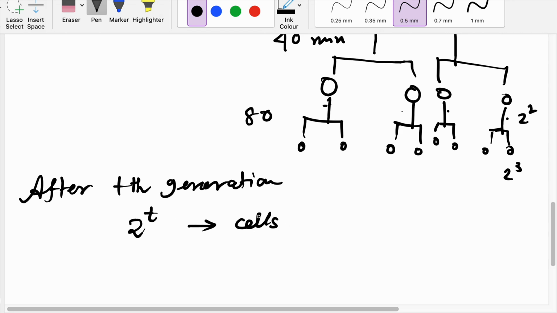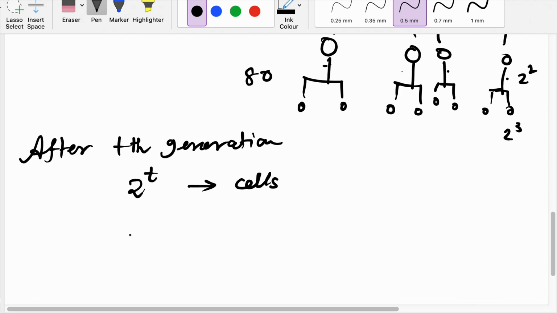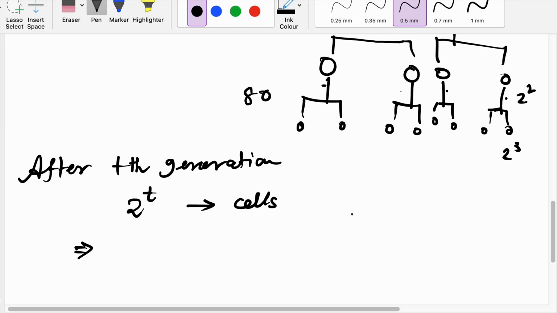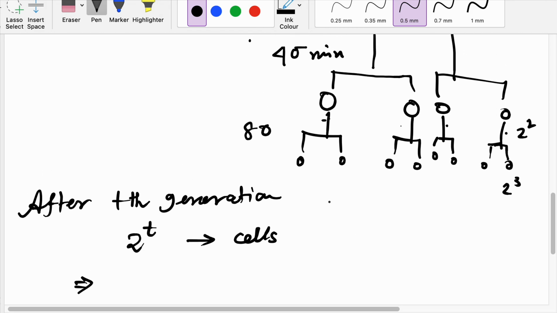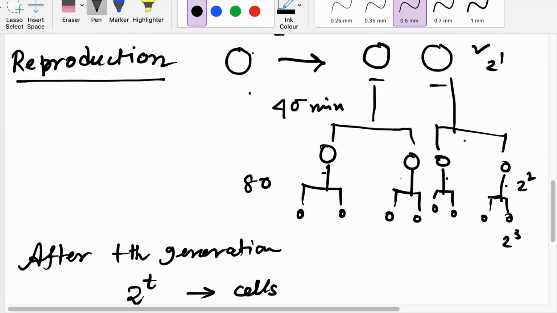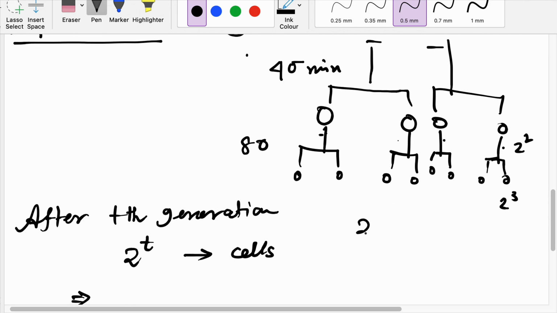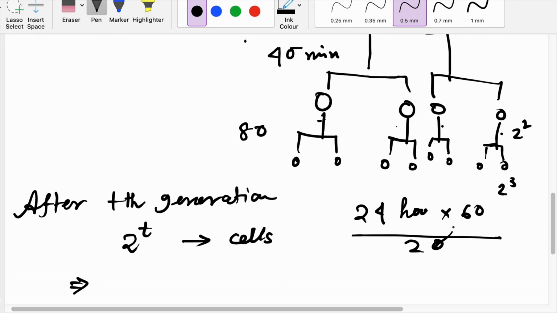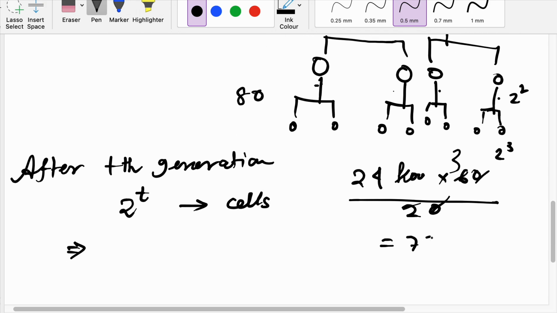Now the question is how many cells will be there after 3 days. So in one day, how many generations will there be? One day is 24 hours, times 60, so in every 20 minutes there will be one generation, so there will be 72 generations.